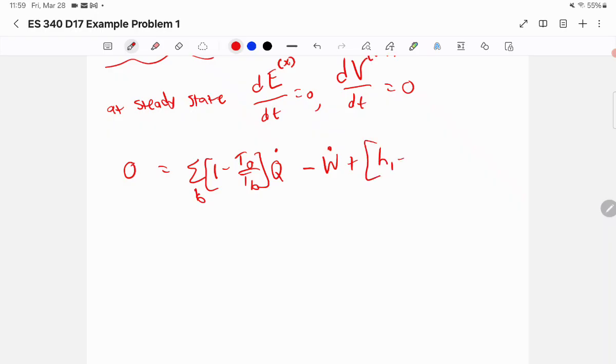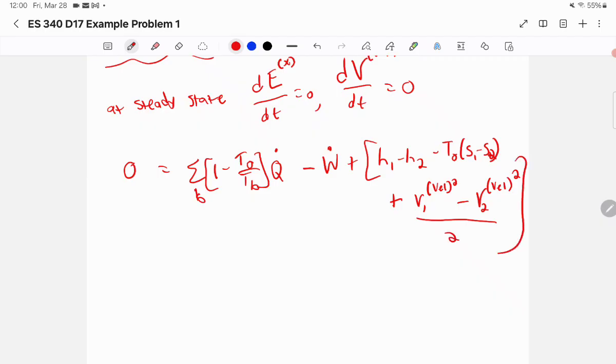So it's going to be H1 minus H2, minus T naught times S1 minus S2, and plus V1 squared minus V2 squared over 2, where V is the velocity.